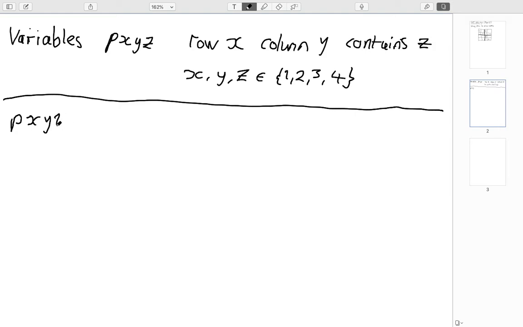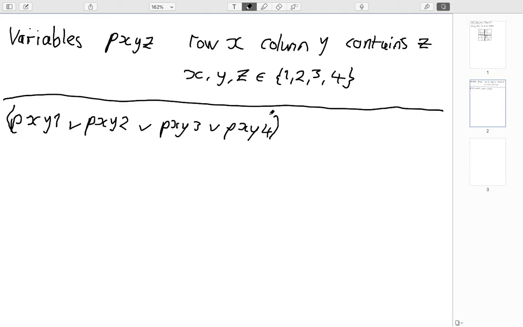So we want to have p x y 1 or p x y 2 or p x y 3 or p x y 4. So that's a clause. And we want to have one such clause for every possible pair of values x y. So one for each of, in this case, the 16 cells.